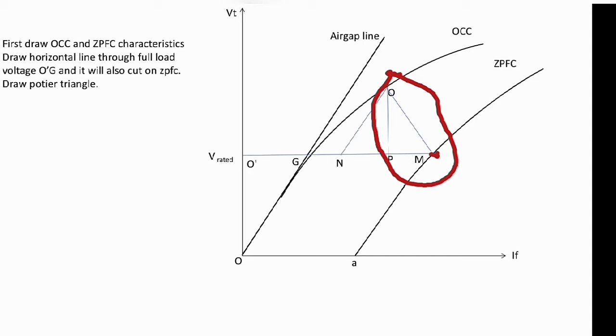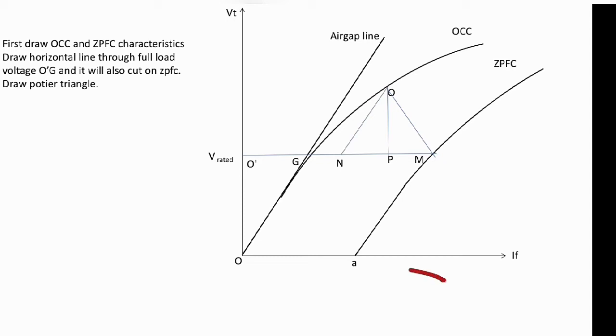When it cuts at point O, we connect O to M, then from O we draw a perpendicular line to MN. Through this we get OPM as the Potier triangle.